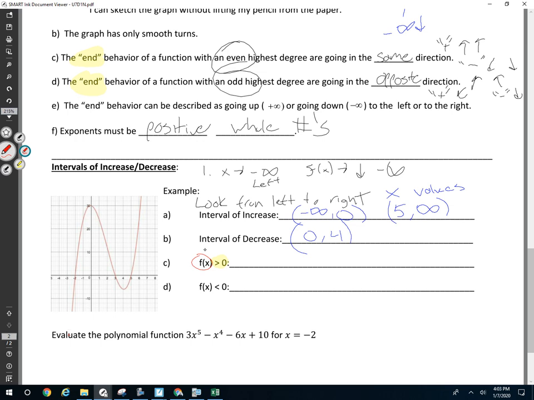Y. When are your y's positive? Here are positive y's. Here are positive y's. We would say it's from -2 to 3, and then from 5 to infinity.